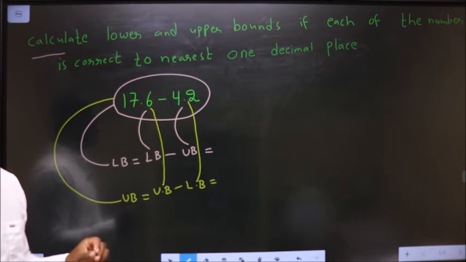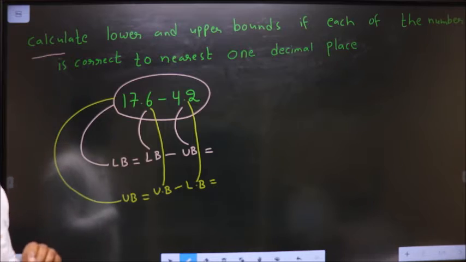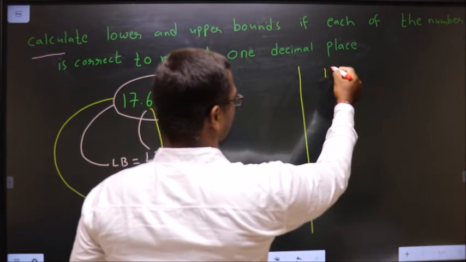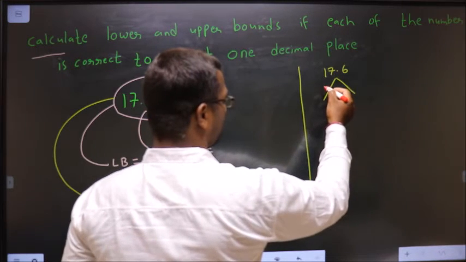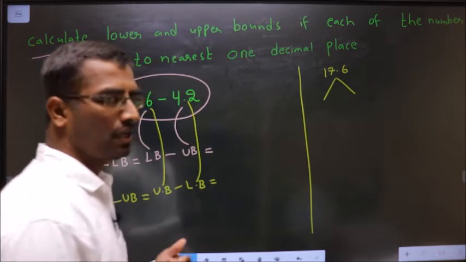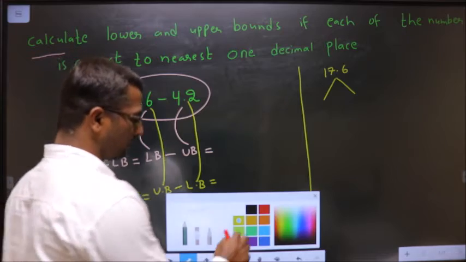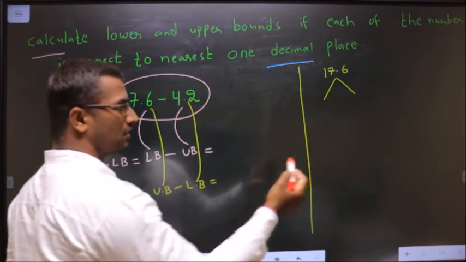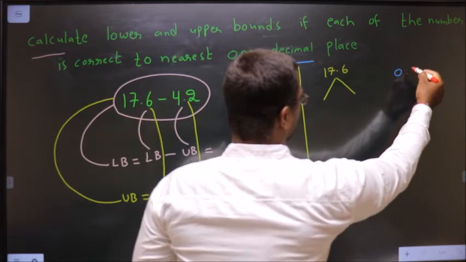Clear? Now, let us write lower and upper bound for each of the numbers. Starting with 17.6. Now, what will I subtract and add to get lower and upper bound? How will I decide that? Based on this one. This is correct to one decimal place. One decimal place means 0.1.